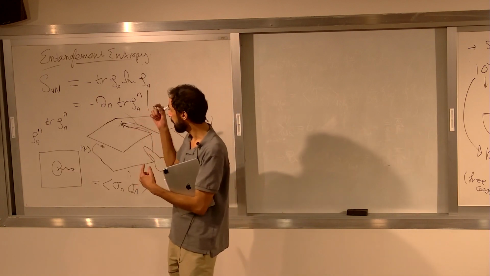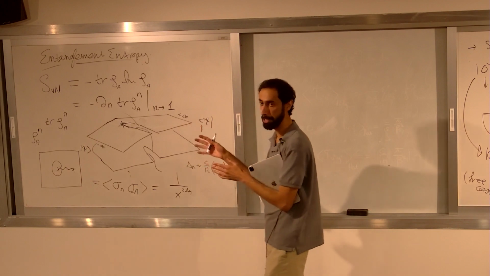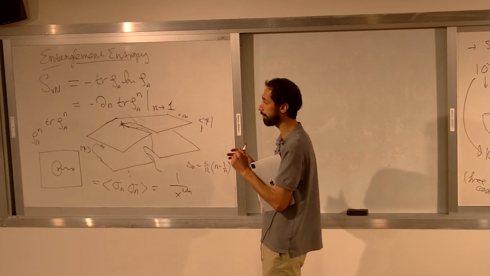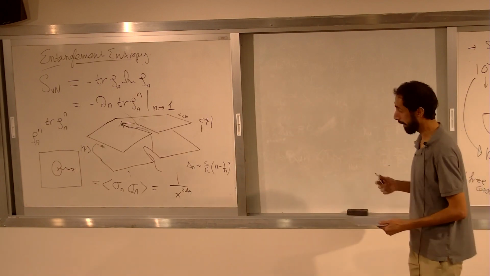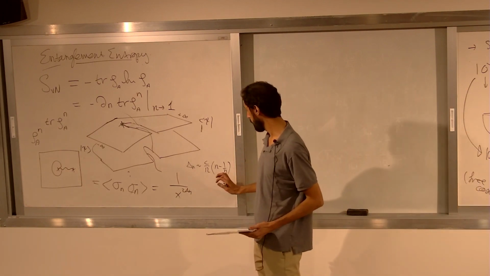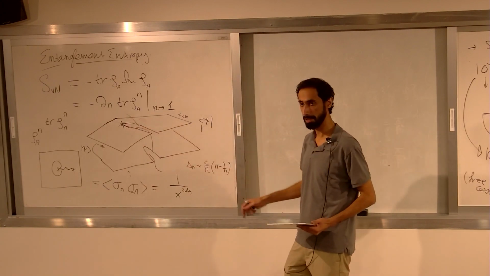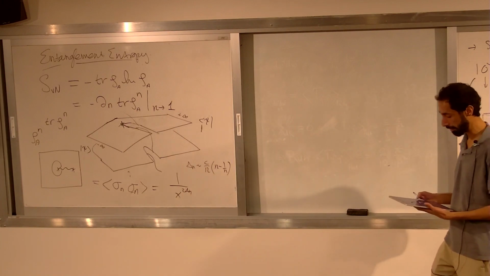And I'm pretty sure that entanglement entropy satisfies those conditions, which I don't remember off the top of my head. What that means is that it's okay for us to take a derivative with respect to n. So that assumes that n is just some continuous number, not necessarily an integer.